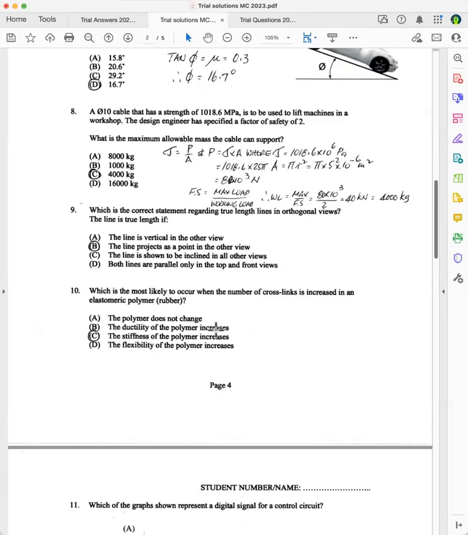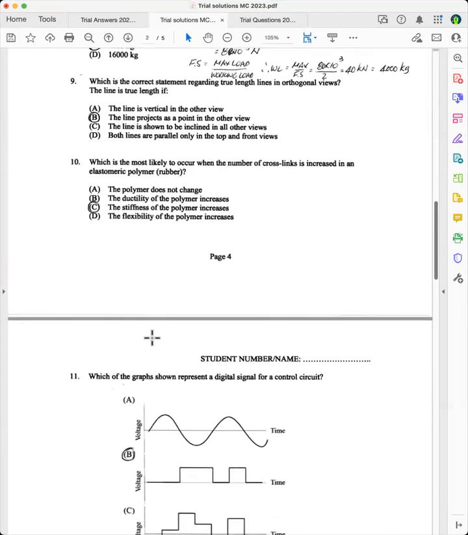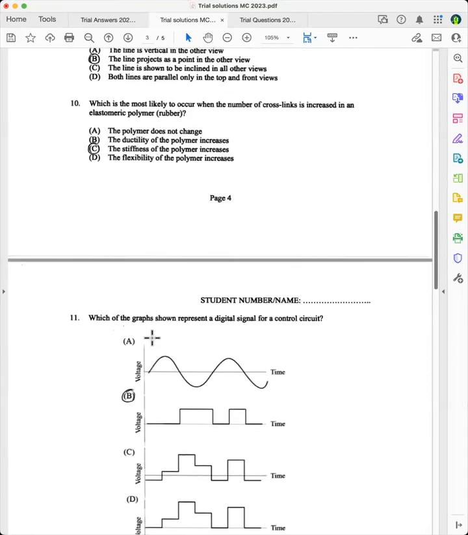And so increasing the number of cross links will stiffen the polymer. And that's what vulcanization is. In car and truck tires, they stiffen the polymer so that the flexibility will still be there, but it will have good wear resistance.